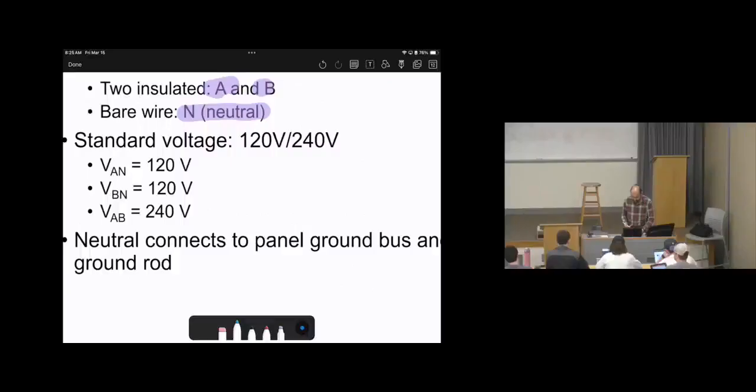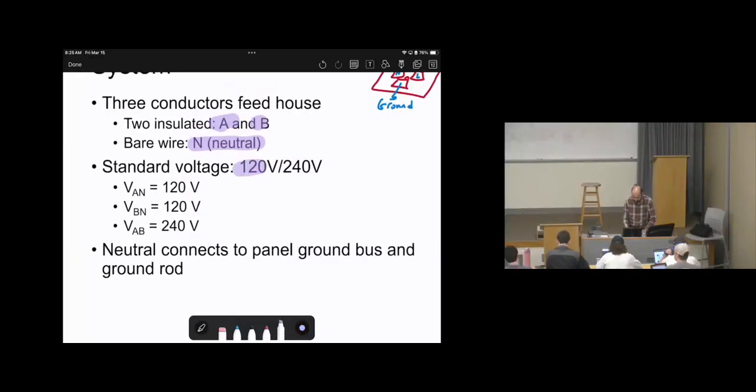Then, again, the standard voltage levels that we have are 120 and 240. In this system, we're not going to talk about the ground because, to run the system, A and B are live and neutral. So we have 2 lives, A and B, and 1 neutral, N. To get 120, connect A and N, live and neutral, and for another 120, B and N, live and neutral.